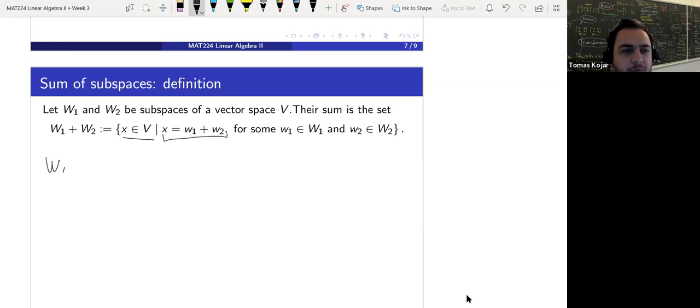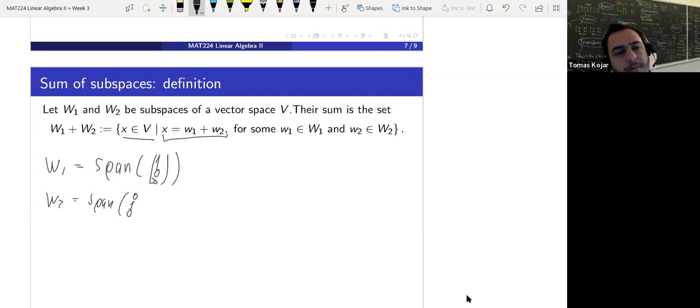So take W1 to be the span of 1, 0, 0. And take W2 to be the span of 0, 1, 0. Okay. And then W1 plus W2 will just be, I mean, I have to prove this.